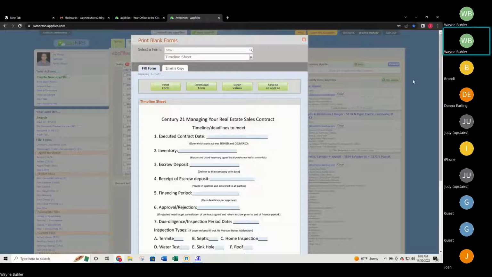Also, anything that is handwritten or typed on a contract overwrites anything that is pre-printed on it. So if the contract says loan approval period is 30 days or inspection period is 15 days, and in the additional terms you write something else that changes that, inspection period is 10 days, it's 10 days.